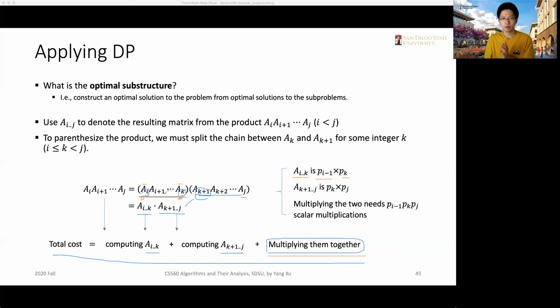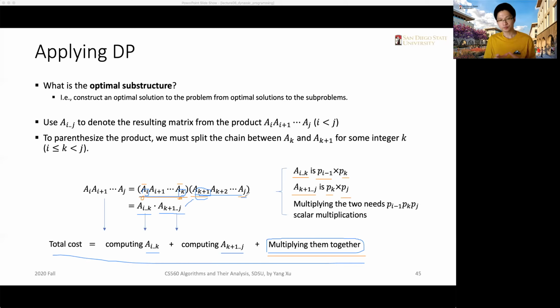So the dimension for Ai to Ak is p_{i-1} by p_k. And for the right chain, the dimension can be expressed by p_k, which is the number of rows of A_{k+1}, and p_j, which is the number of columns of Aj.